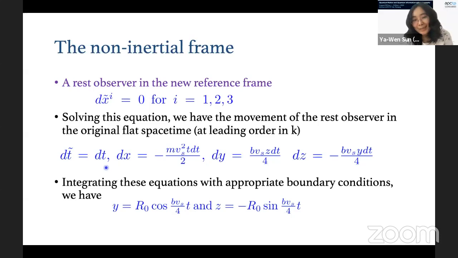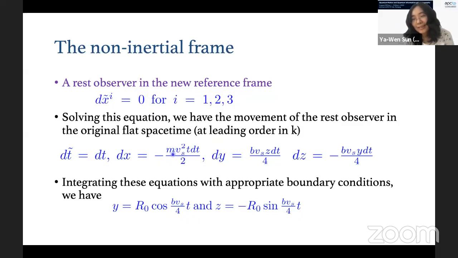And we find that, observed in the original flat spacetime, in the original inertial frame, this rest observer in the non-inertial reference frame would move in this way. We integrate these movements, and we find that in the x direction, it is accelerating constantly, so it has x equal to 1/2 A t².